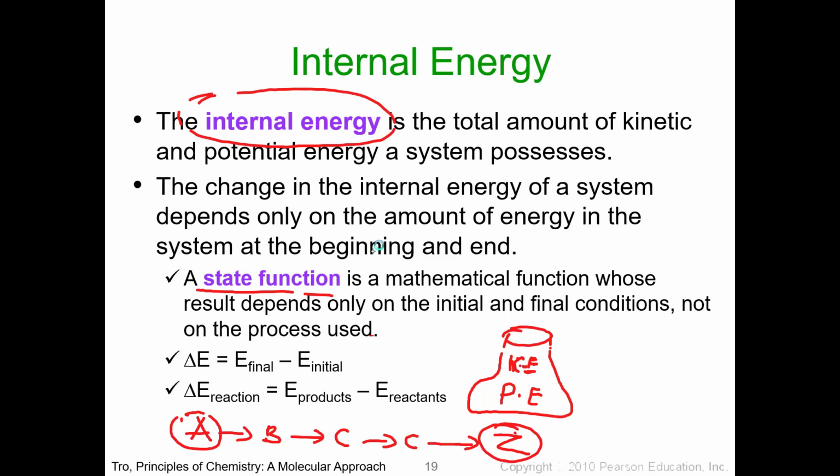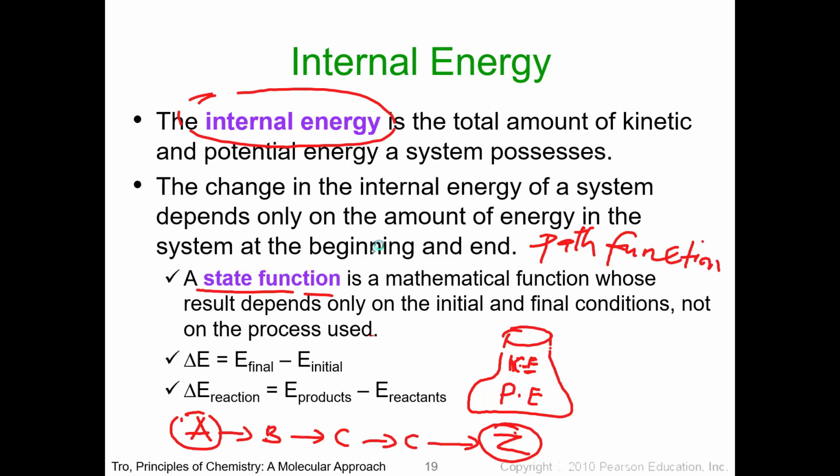That is state function. And apart from a state function, there is also what you call a path function. So you should understand the difference between state function and path function.